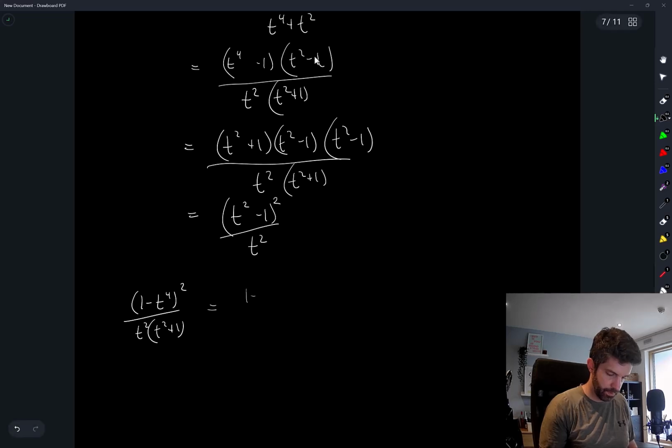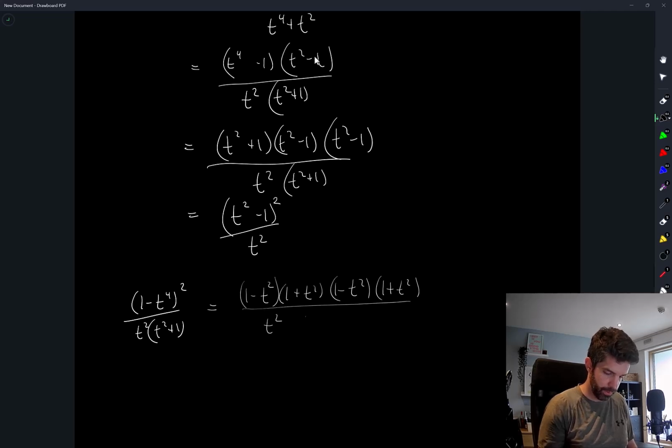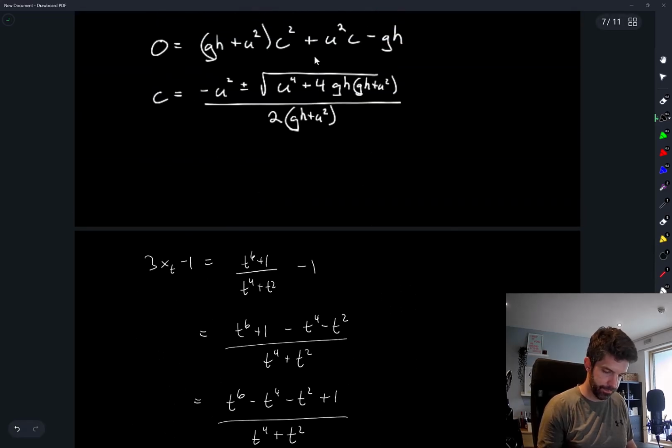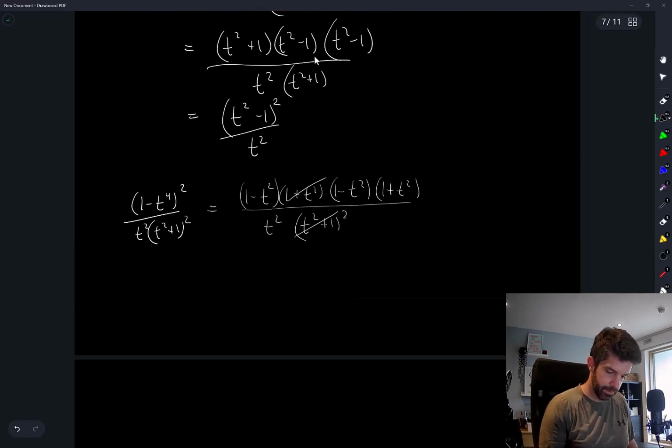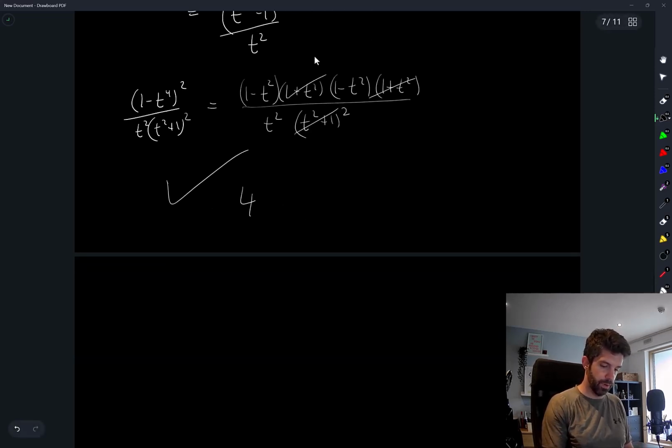This is 1 minus t squared, 1 plus t squared times 1 minus t squared, 1 plus t squared divided by t squared plus 1. I don't get that they're equal. Oh wait, no I do. That was supposed to be squared here. Okay, yes. So I have that 4 yt squared is equal to 3xt minus 1.